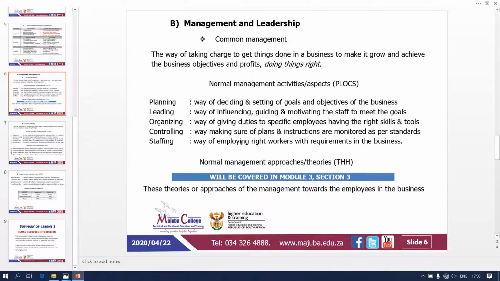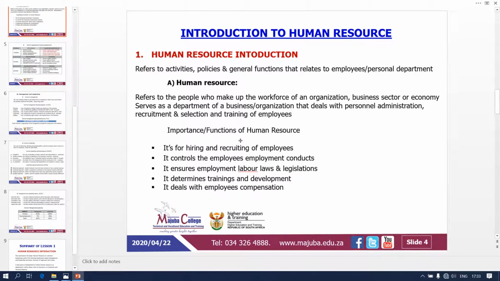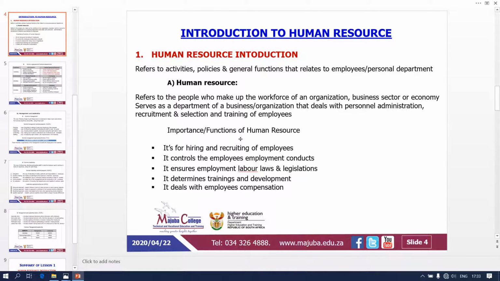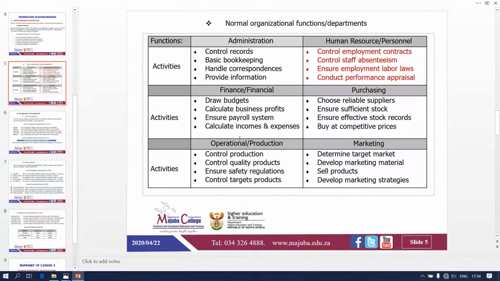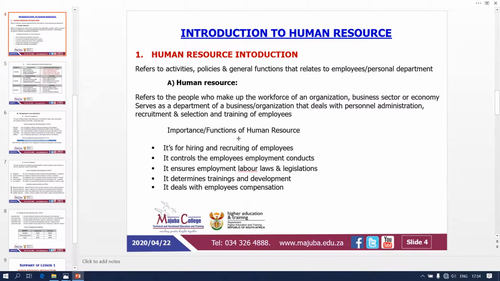We also looked at management itself, aspects together with approach of theories. And then I introduced you to the human resource, where we looked at the human resource itself, its functions, and where it is coming from in terms of the departments or functions.